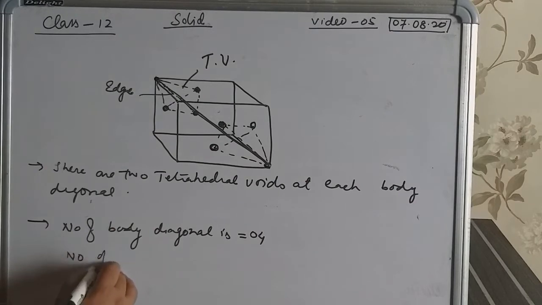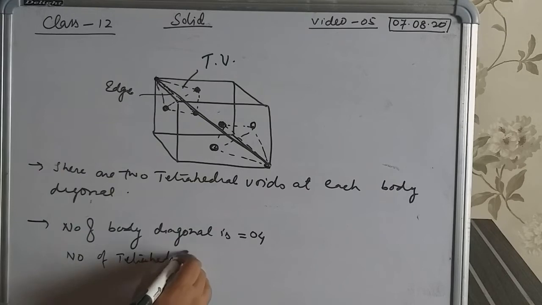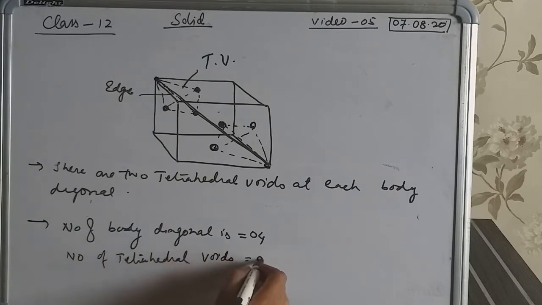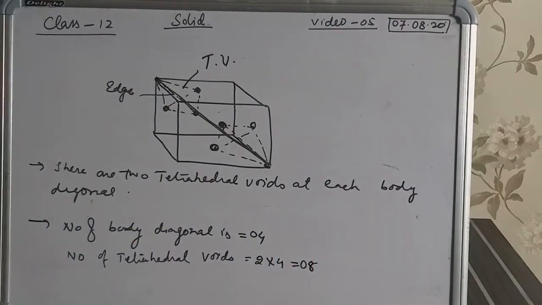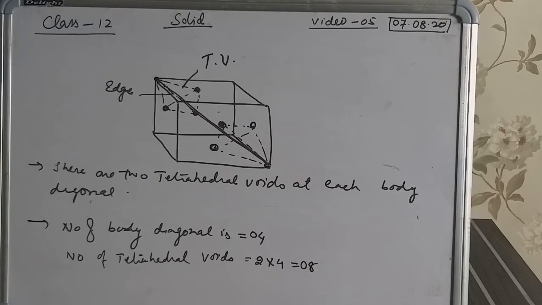So the number of tetrahedral voids is 2 into 4, which means 8 tetrahedral voids are present in an FCC cubic cell, that is, in FCC or CCP structure.